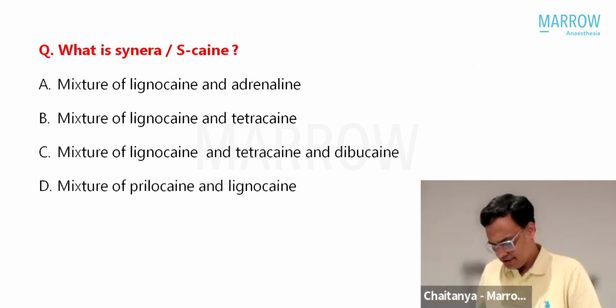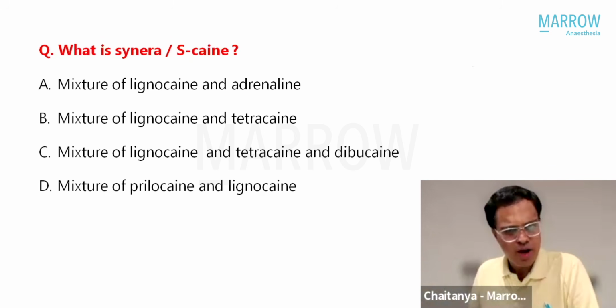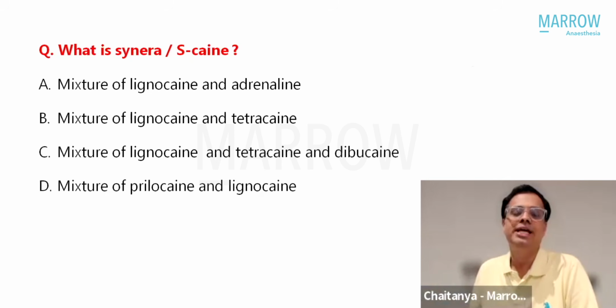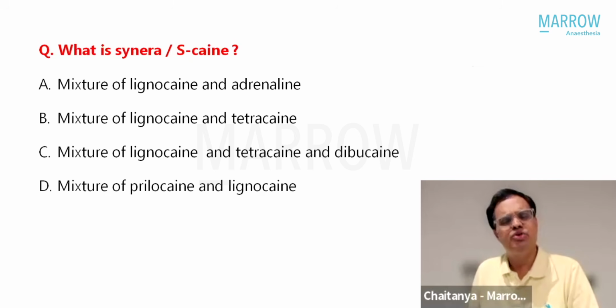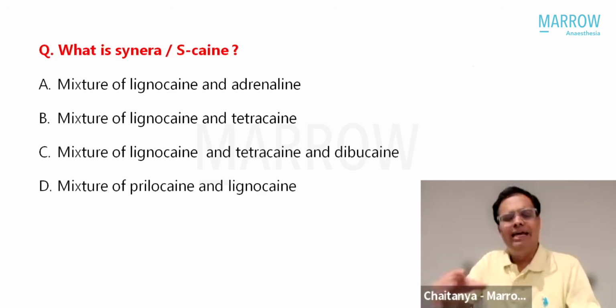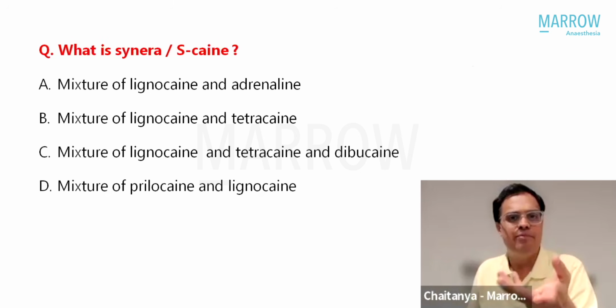One more thing I want to add: newer formulations of etomidate are also available. Propofol's newer formulation everyone knows, but etomidate newer formulations are also available. It's a very lengthy name and I don't remember the exact name, I will be honest with you.